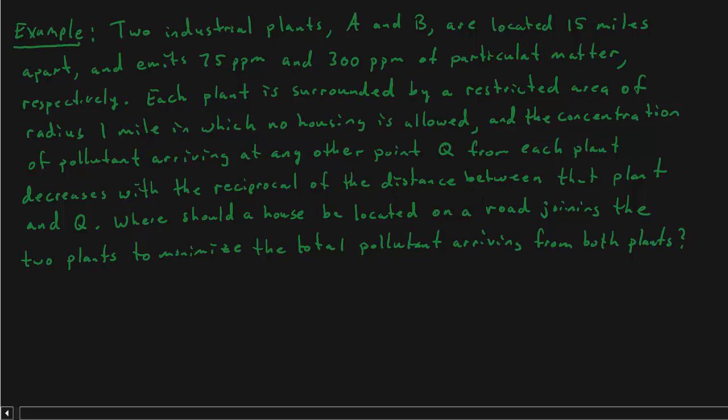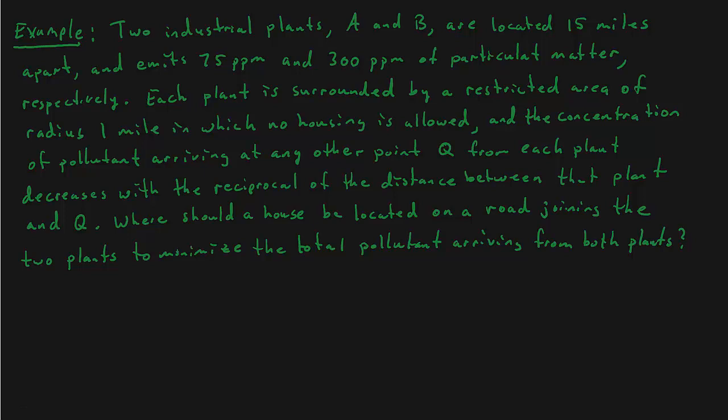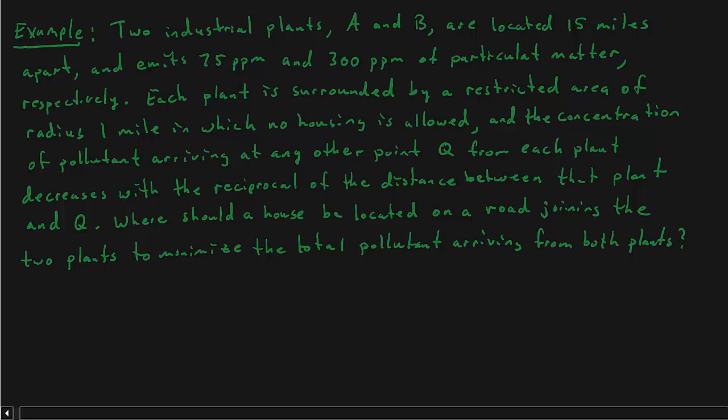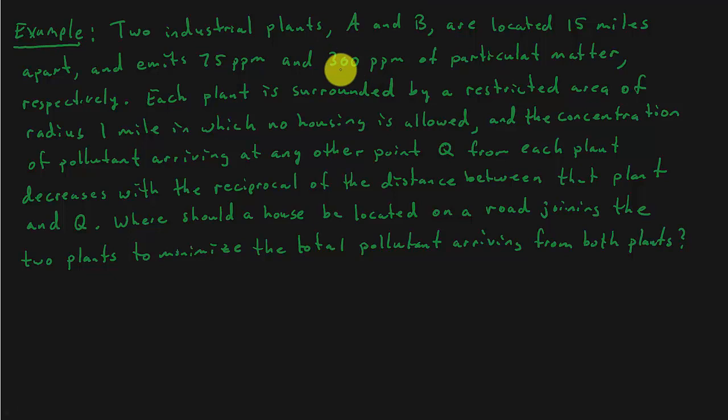All right, so it says 2 industrial plants, A and B, are located 15 miles apart and emit 75 ppm, that's parts per million, and 300 parts per million of a particular matter, respectively. So plant A emits the 75, plant B the 300. Each plant is surrounded by a restricted area of radius 1 mile in which no housing is allowed.